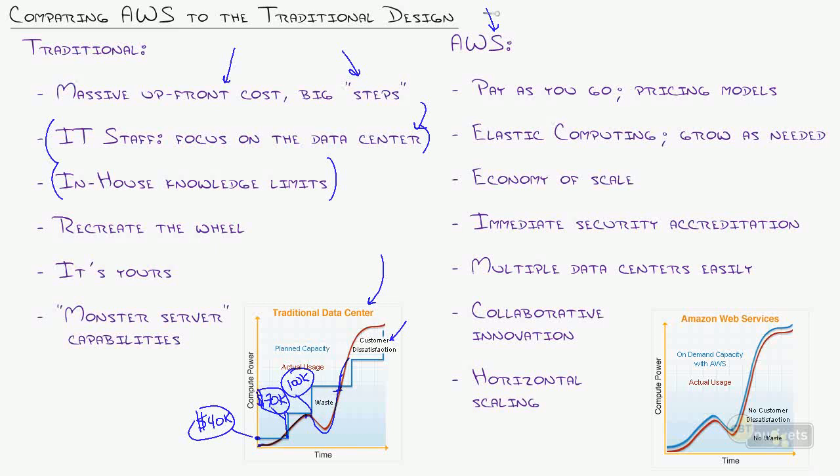They're just there to maintain the system and come up with their own ideas. So there's a knowledge limit. You're also recreating the wheel, meaning you're buying a rack of equipment and installing your own switches, your own firewalls, doing it all yourself. So you're treading the same ground that's been gone over before you.